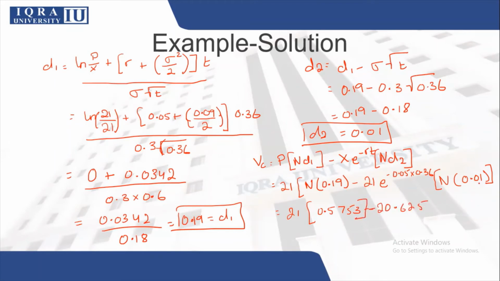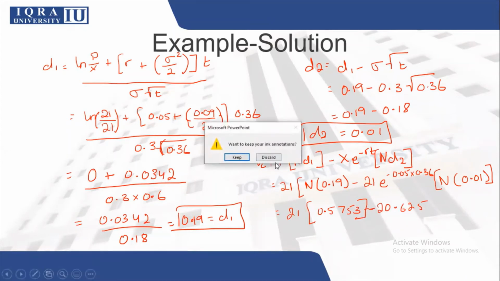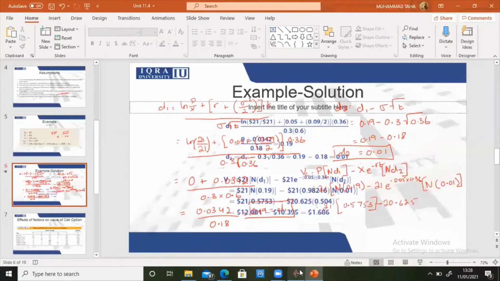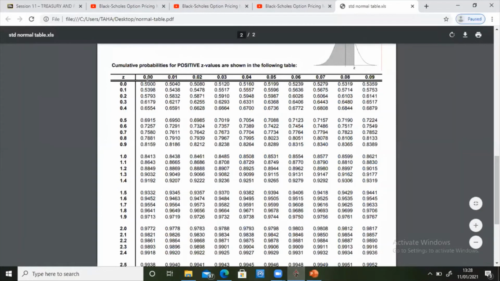And now you need N(0.01). So let's go back to the table and see where N(0.01) is. So this is 0.01, right? The first two digits you want are 0.0 and then you want 1.